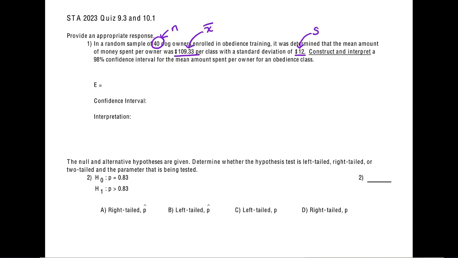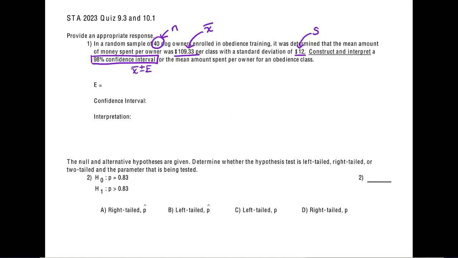Construct and interpret a 98% confidence interval. Since I already have x bar labeled, I know I'm going to have x bar plus or minus E as my interval.